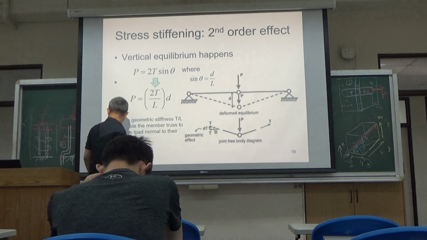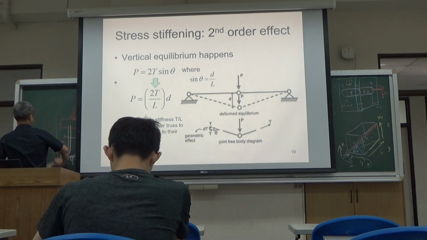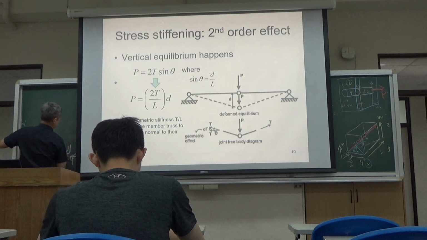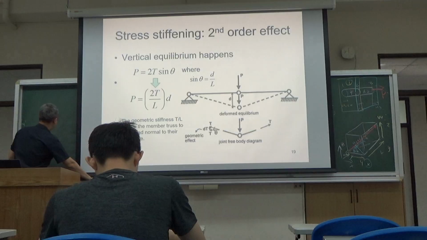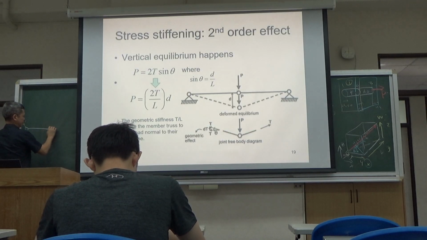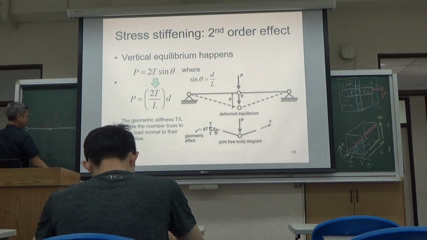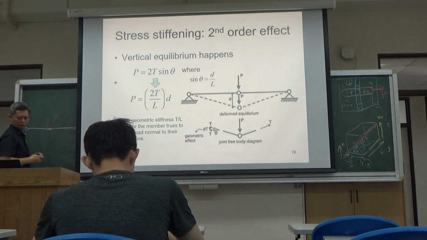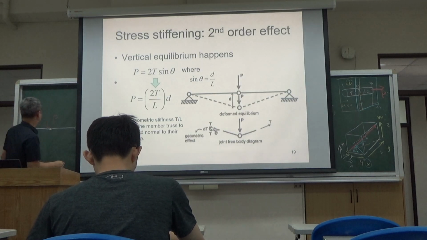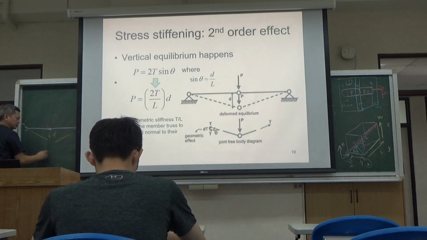Imagine, okay, let me draw it now. Imagine these two bars are free to rotate. Under the force P, the middle point comes down by D. So the new length is increasing.